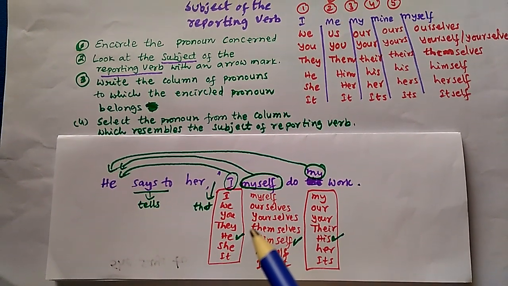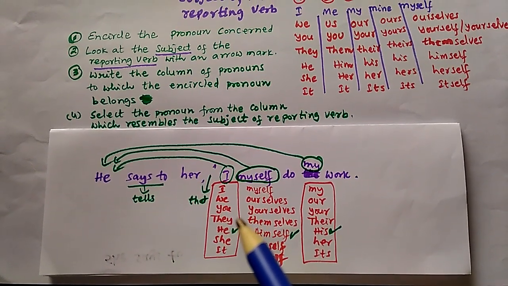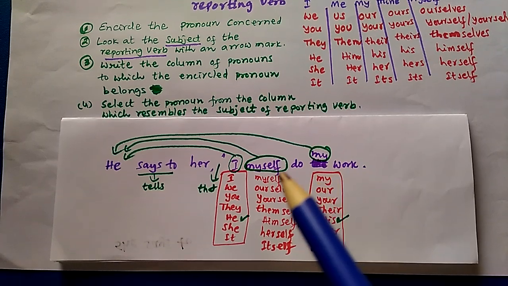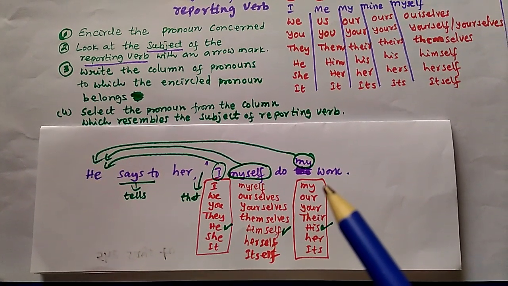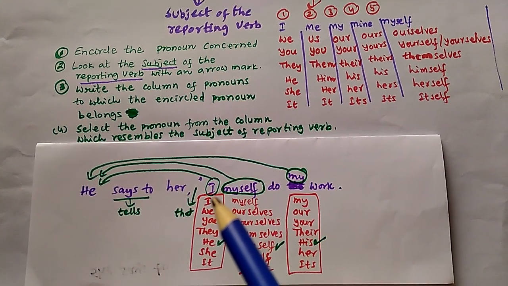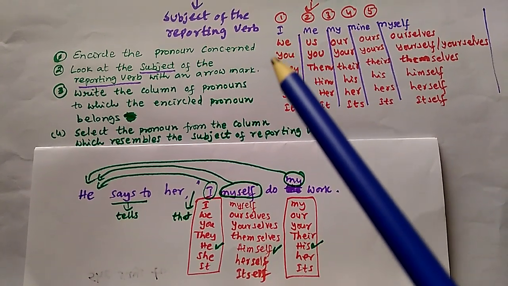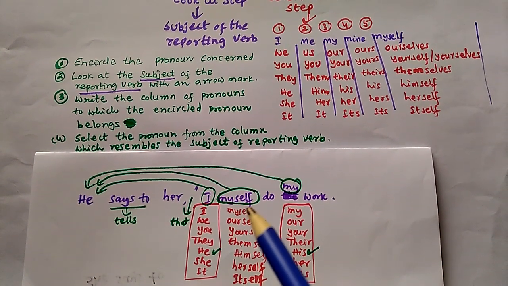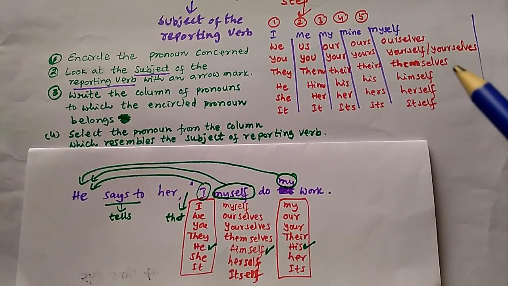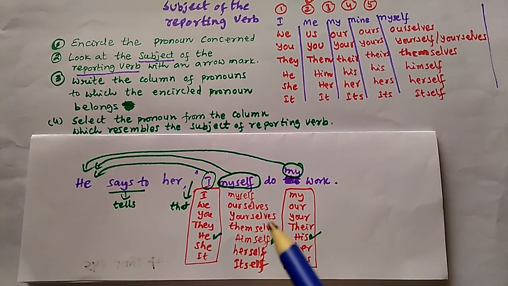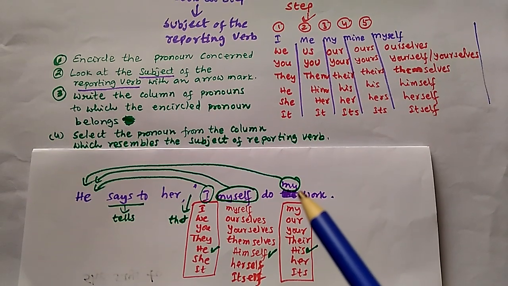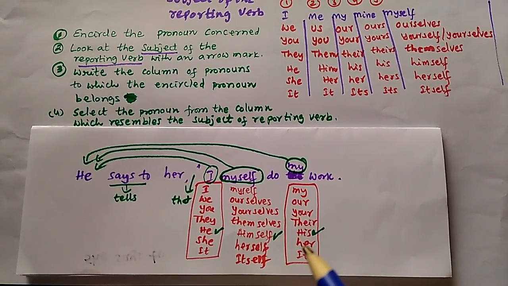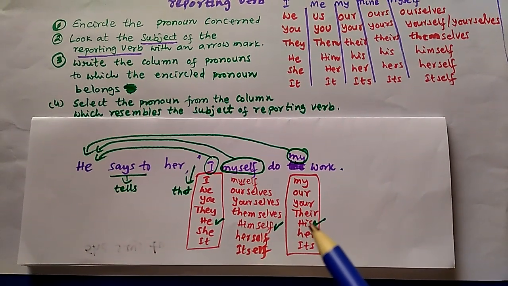And third one, we have to write the columns of the pronouns to which these encircled pronouns belong. Here I belongs to this first column, so this first column is written here. And myself belongs to this fifth column, so this fifth column is written here. And my belongs to this third column, so this third column is written here.